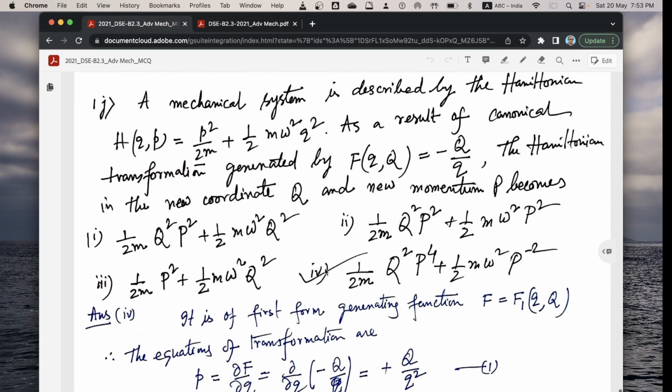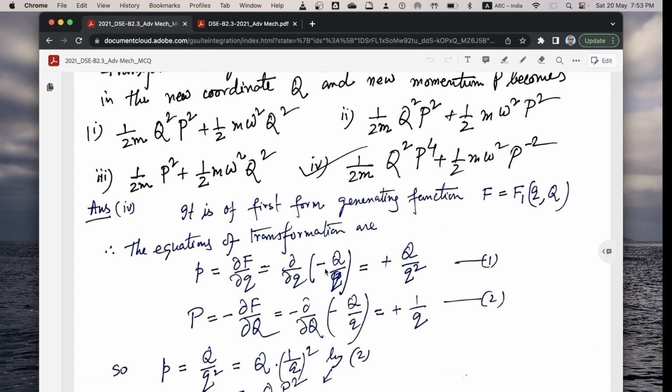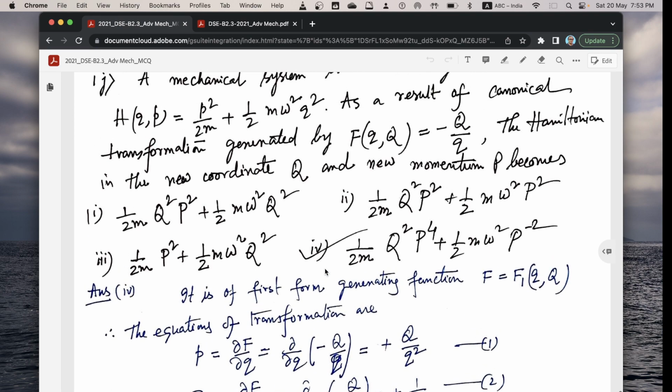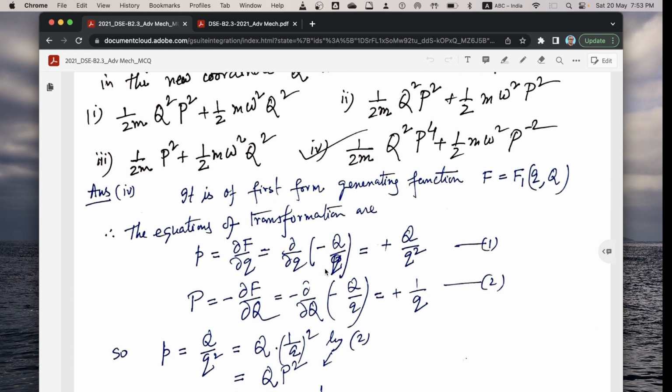Here, H is given by this, and F is the transformation minus capital Q by small q.